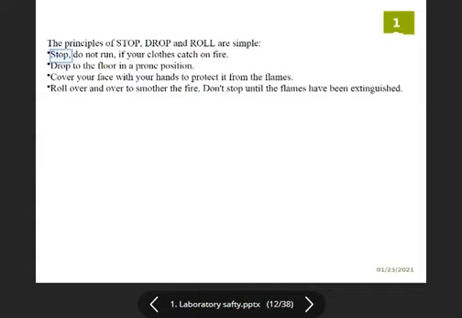Don't do anything. Second, drop yourself on the floor and cover your face. And number three, roll over the floor so that the fire is finished. So this is very important. But inshallah ta'ala, this kind of accident or incident will not happen in the lab, inshallah.